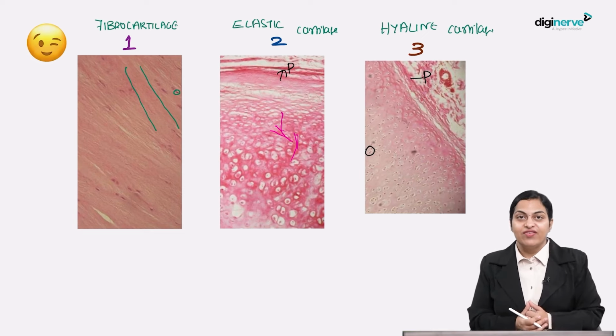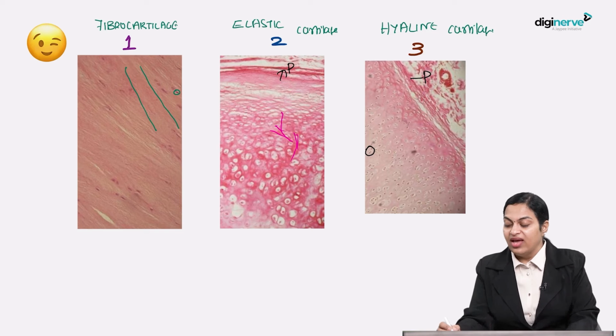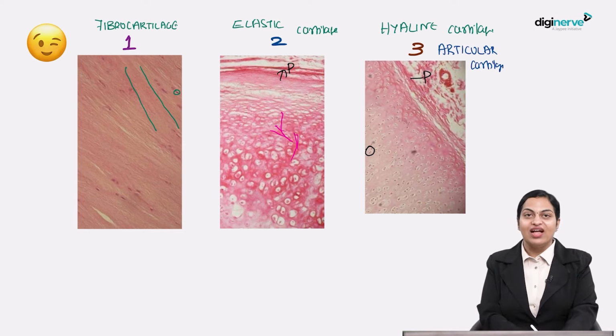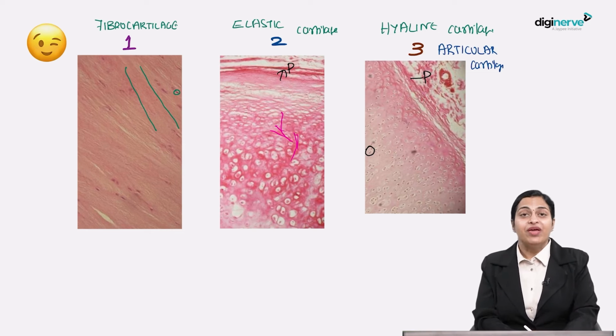The articular surfaces of the bones contributing to the joint are covered by hyaline cartilage and they are called articular cartilage. But this articular cartilage that covers the articulating surface is devoid of perichondrium. The perichondrium has a rich blood supply, nerve supply, lymphatics. But within the cartilage, there are no blood vessels, no nerves, no lymphatics.